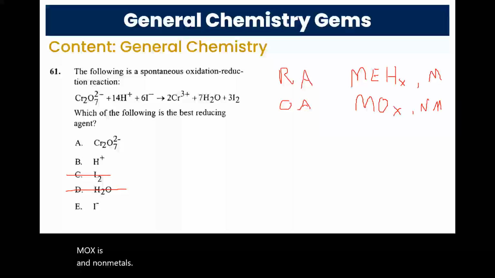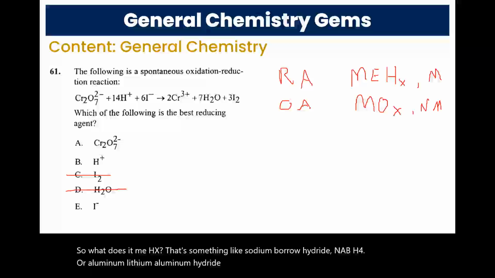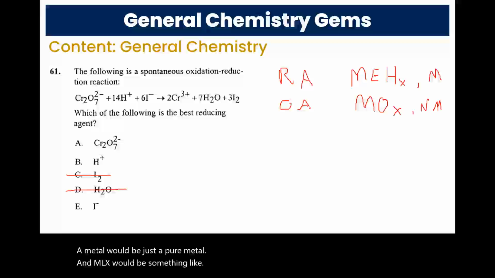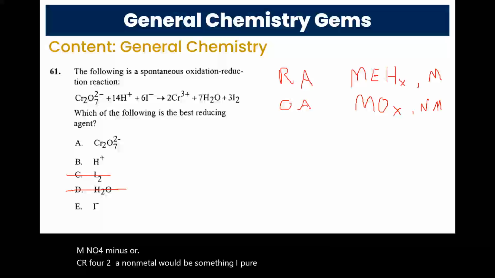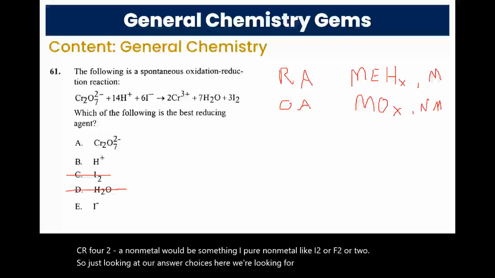So what is the MEHX? That's something like sodium borohydride, NaBH4, or lithium aluminum hydride, LiAlH4. A metal would be just a pure metal. An MOX would be something like MnO4 minus, or CrO4 2 minus. A nonmetal would be a pure nonmetal, like I2 or F2 or O2. So just looking at our answer choices here, we're looking for a reducing agent, right?